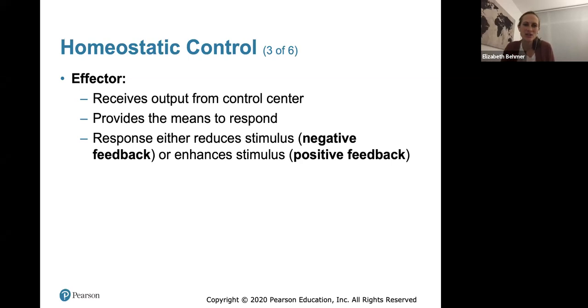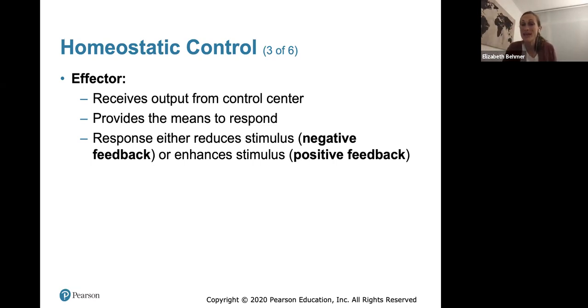Then the effector receives that output from the control center. It provides the means to respond, and the response will either reduce the stimulus, like negative feedback. A negative feedback mechanism will go in the opposite direction of the initial stimulus. So if the body is getting hot, the negative feedback will try to cool down the body.